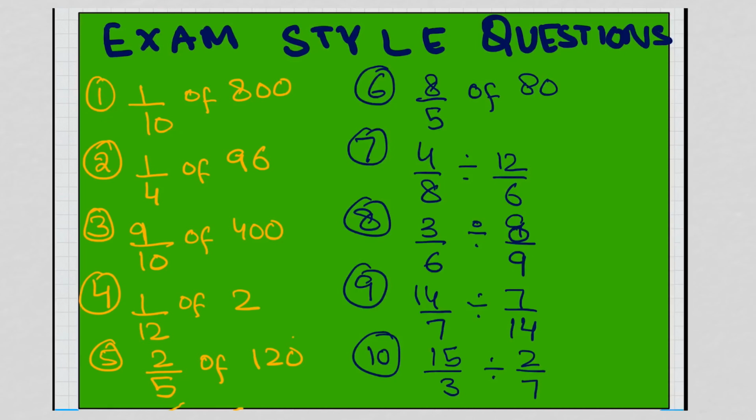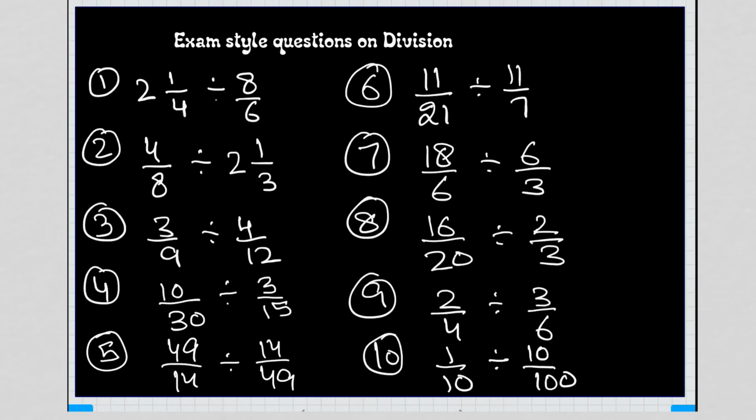And show your working, please. Okay, so please attempt all these 1 to 10 questions. Make sure you show all your working. Now these exam style questions are on division. Make sure you please write down all these questions in your notebook and show your working as well, please.